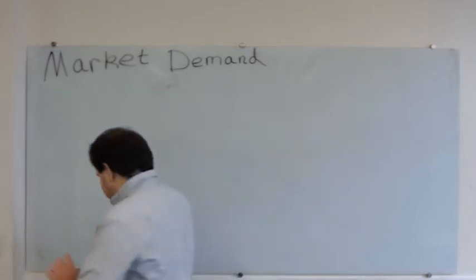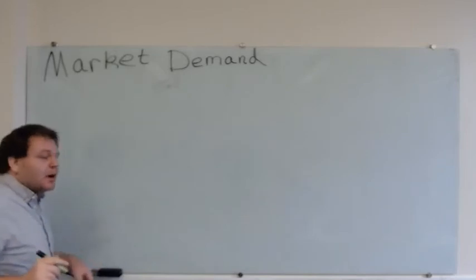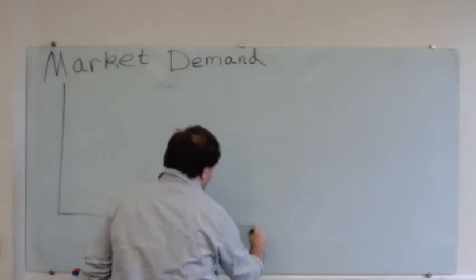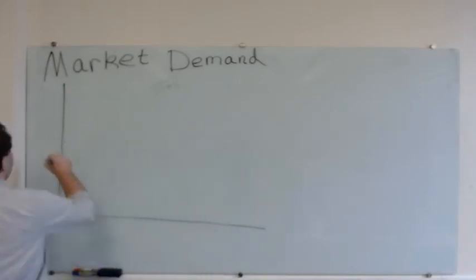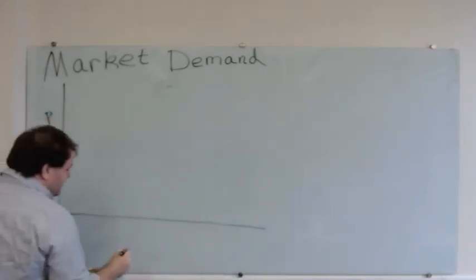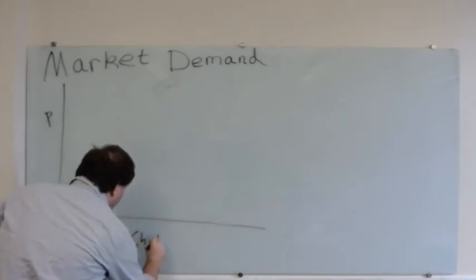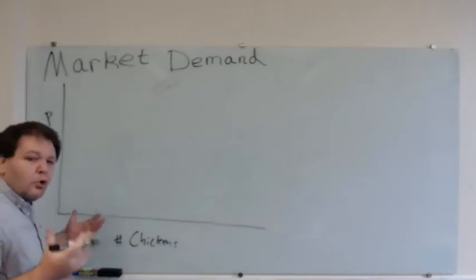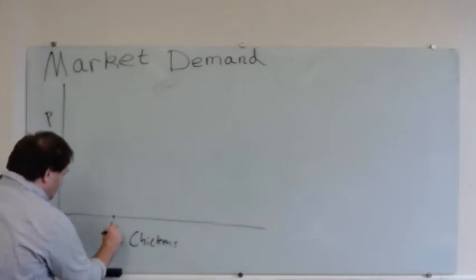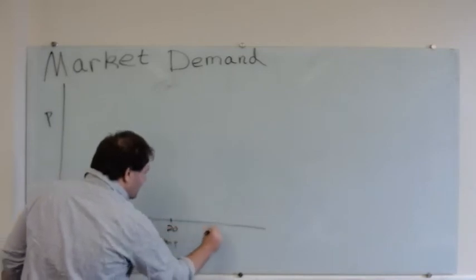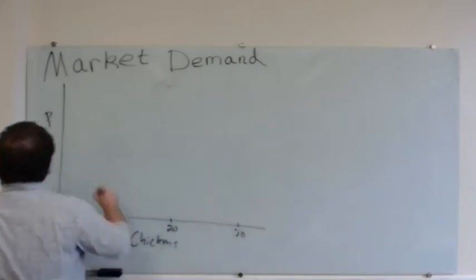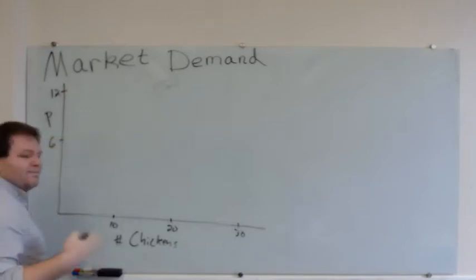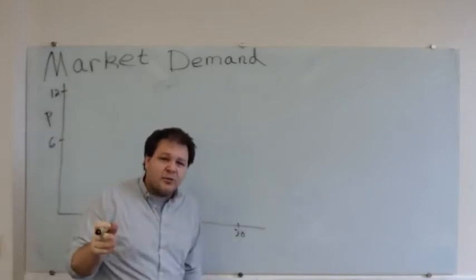Okay, so to do this, let's start with the simplest market we can make. Let's say that we've got a market with just two demanders. We've got a price. Let's say we're going to look at the market for whole chickens, and let's have two demanders here to keep things really simple.